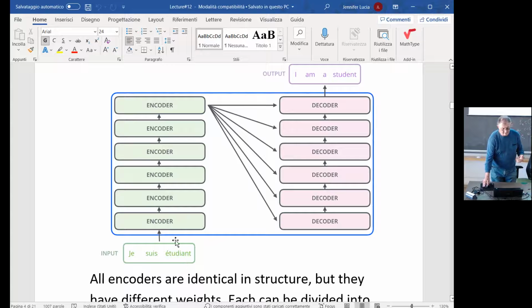Then it arrives at another encoder, which has absolutely the same structure, but other weight and bias coefficients.